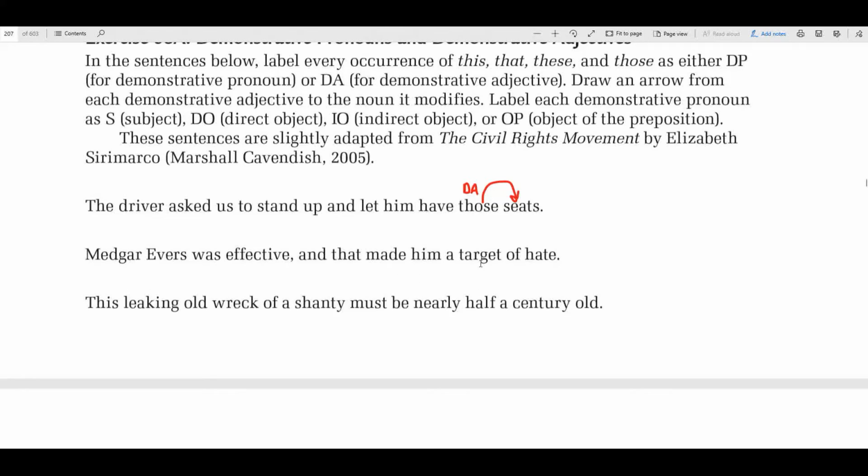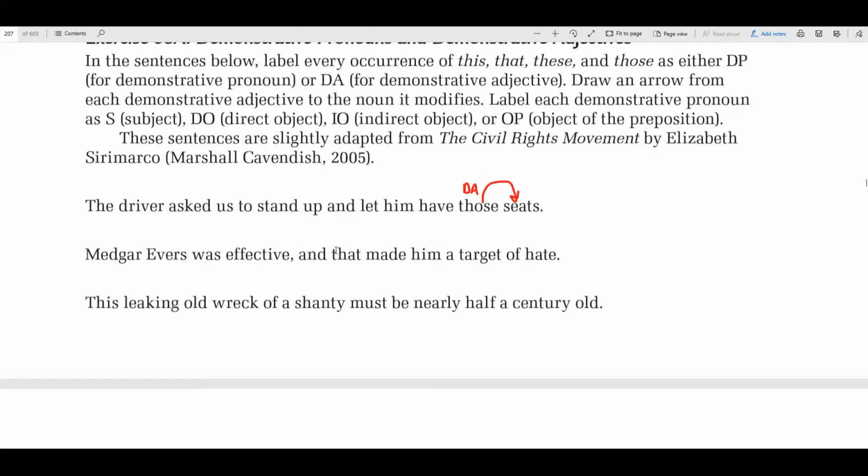Okay. "Medgar Evers was effective, and that made him a target of hate." And there we go. That. All right, so this one, would you like to guess? Okay, this is a demonstrative pronoun.